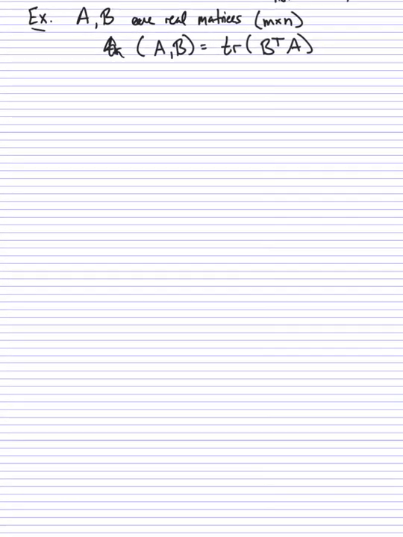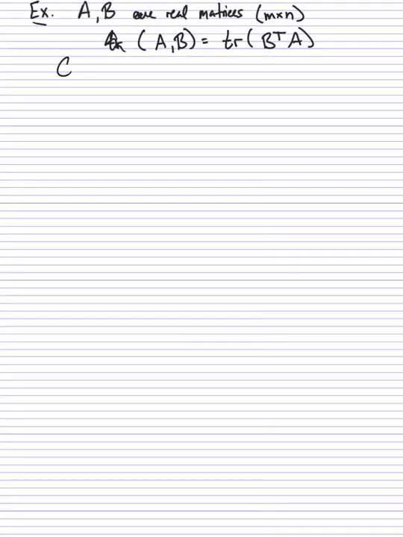In this case, you can check that this is the same as the usual inner product on R to the nm. Just thinking of n by m matrices as an nm-dimensional vector space and identifying them with R to the nm, the usual inner product there translates to here.